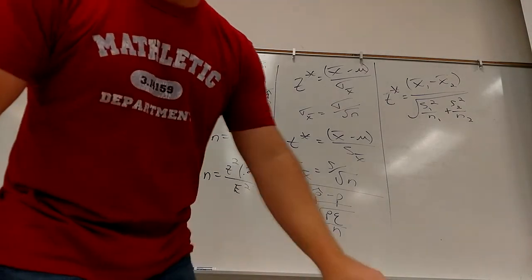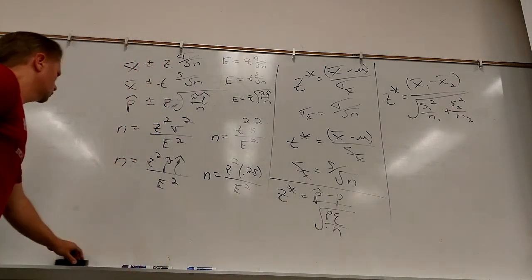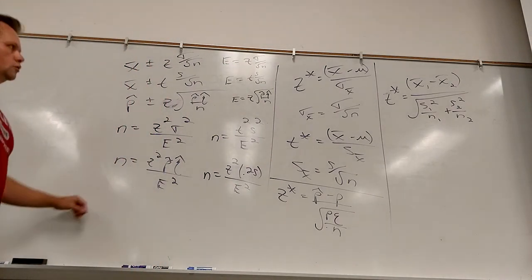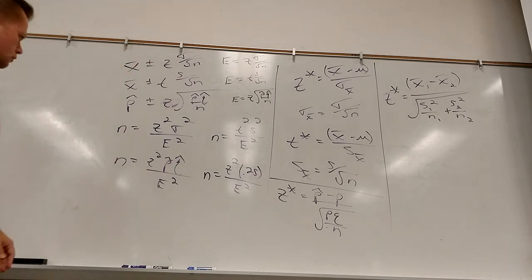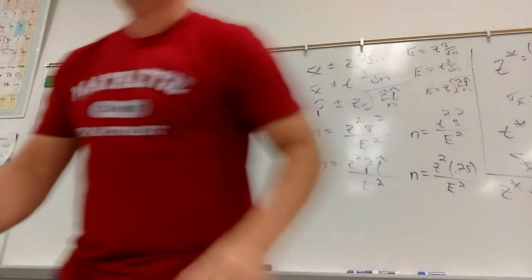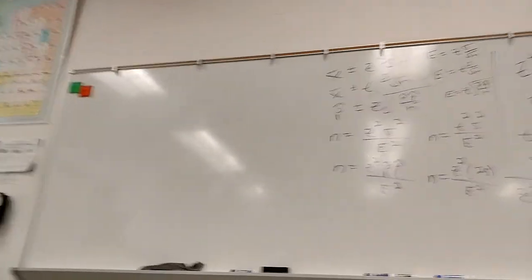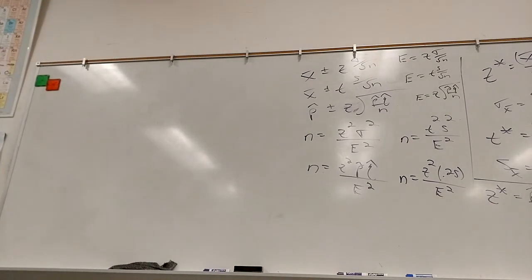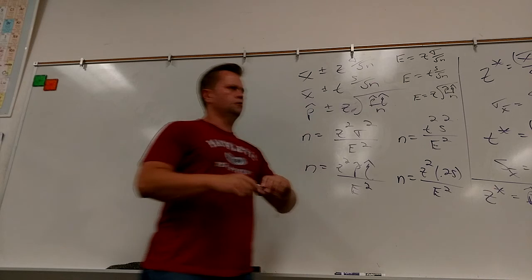To do this one, it's referencing number 3. Number 3 is just plugging that stuff into your calculator, doing 1 var stats.